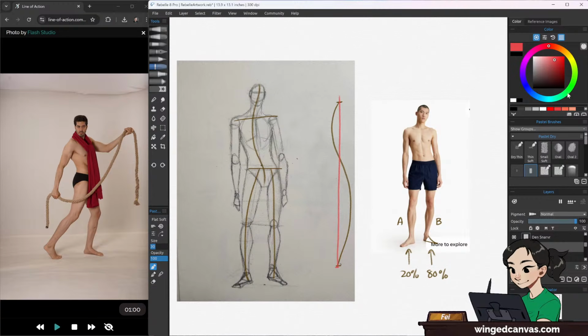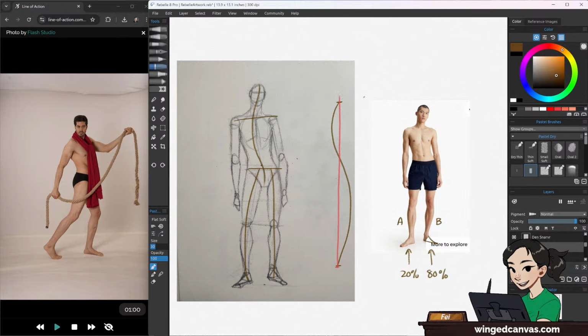So if you're drawing a gesture and you find this S curve, most likely the leg that goes into that S curve has the weight on it, right?